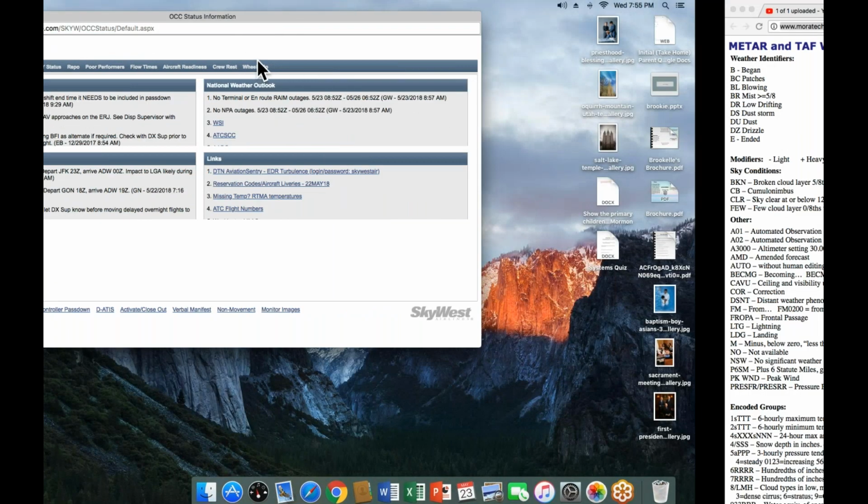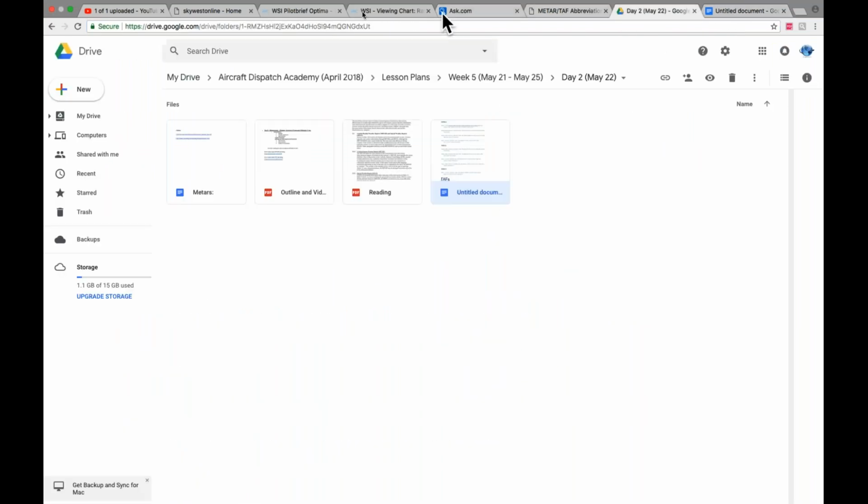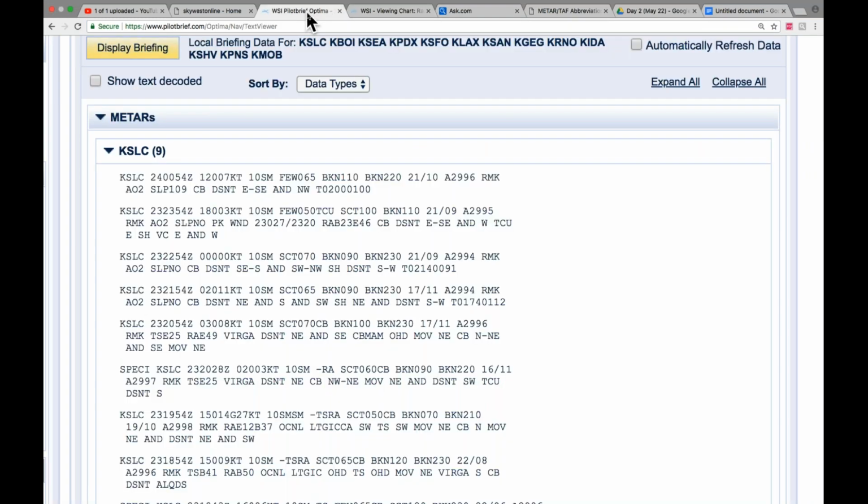Okay, and then we are going to go through some METARs. And I'm going to go through, everybody's going to decode a METAR. And we're going to walk through it. I want you guys to just try your best, right?